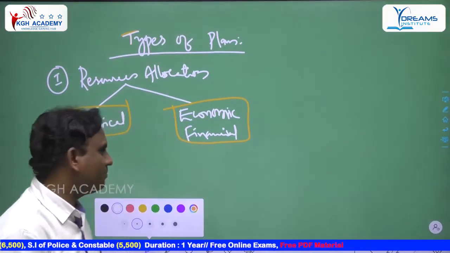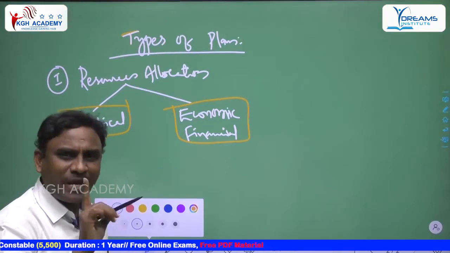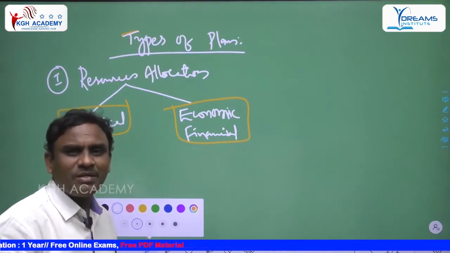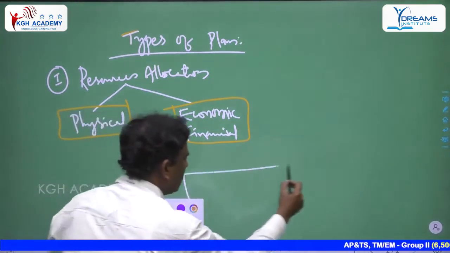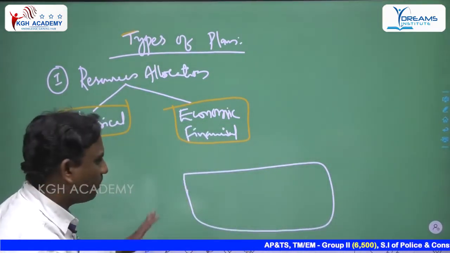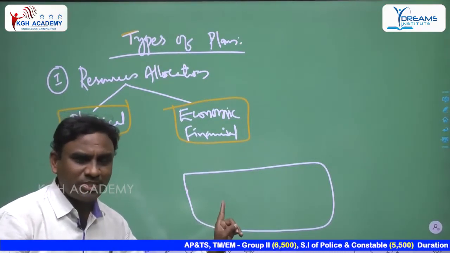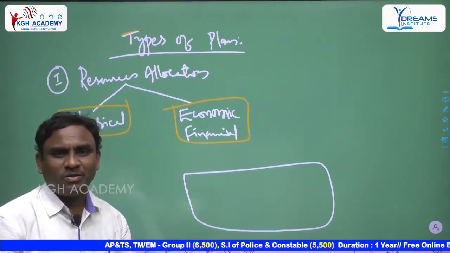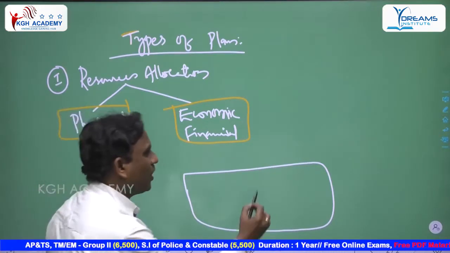One example: the Indian government is planning to construct a project, a reservoir. This is the objective: construction of a project within a 5-year period.